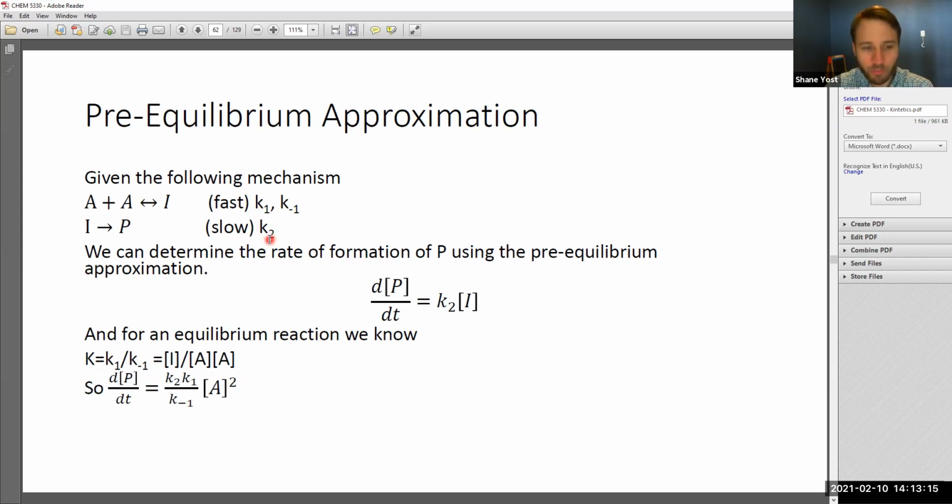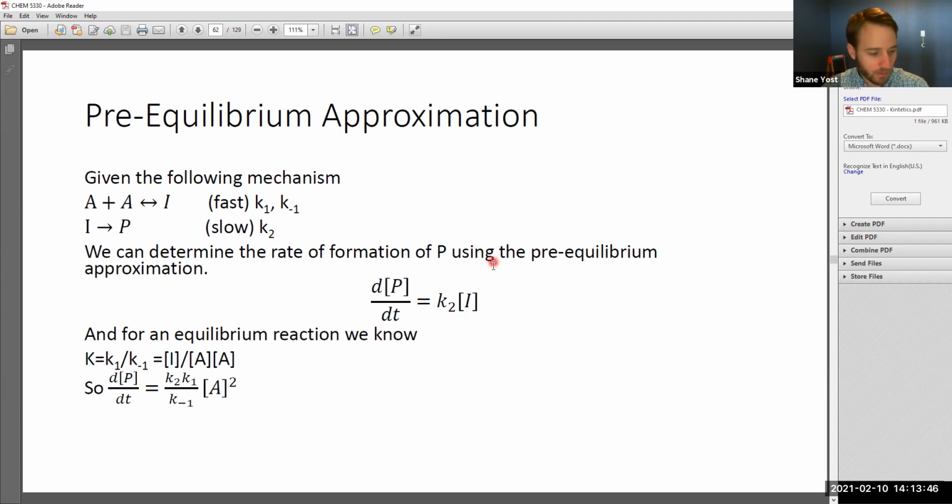I could have written this same mechanism as three lines: A plus A forming I with K1 as the rate constant, I forming A plus A with K minus 1 as the rate constant, and then I forming P with the K2 rate constant. But often the equilibrium reaction is just written in one line, with two rate constants, one for the forward and one for the reverse.